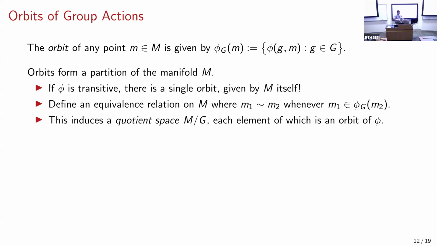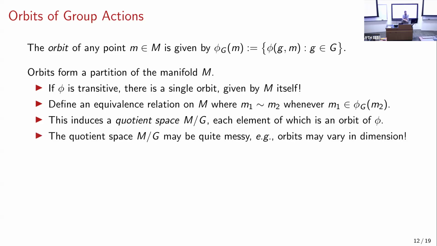And so we can then think about a quotient space, which consists of all of those orbits. So every element of this quotient space, which we notate as M mod G, is one of those orbits. We can think about taking all of the points in this manifold and projecting them down into this quotient space where we don't distinguish between individual points in an orbit, we only care what orbit you are in.